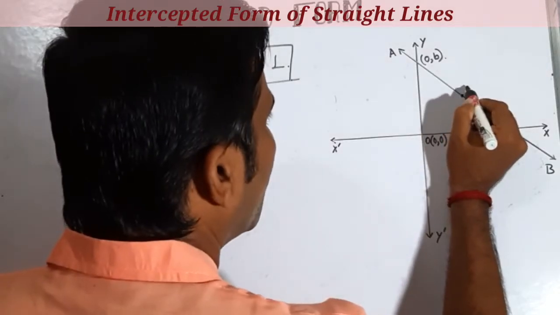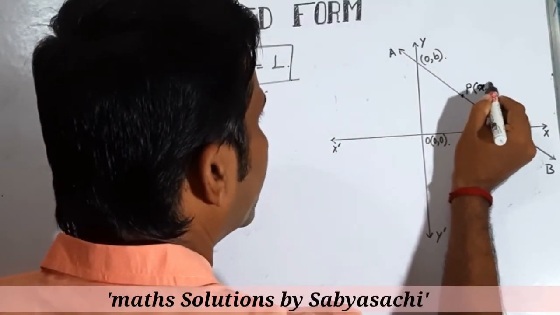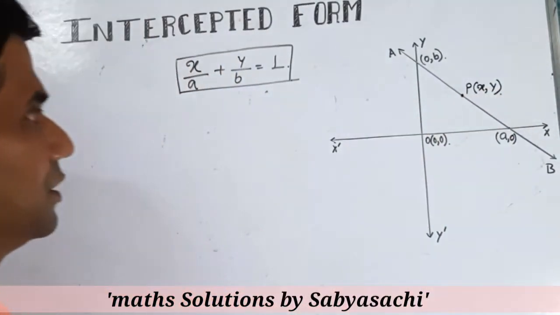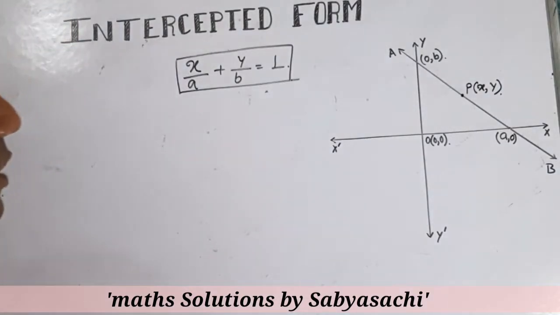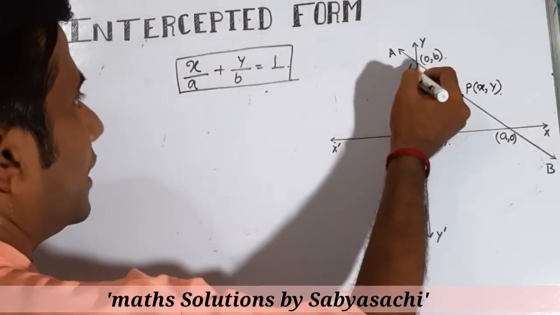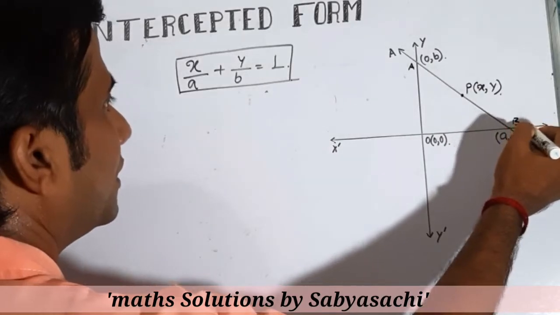Any point on the straight line is P(x, y). Now we have to find the equation of the straight line AB.